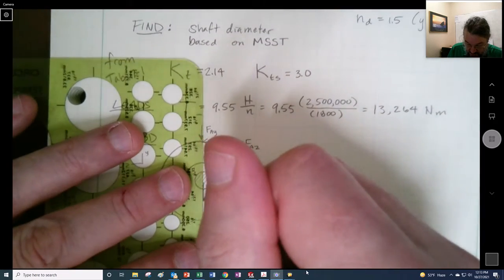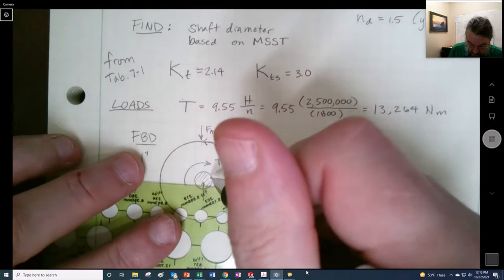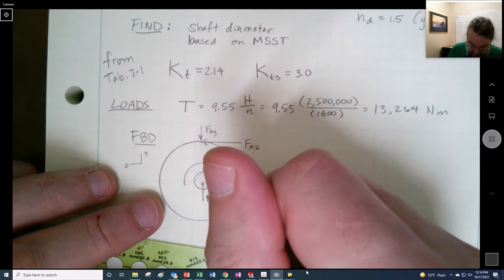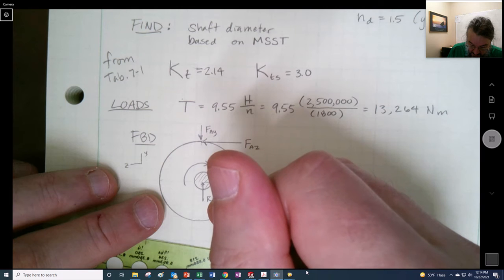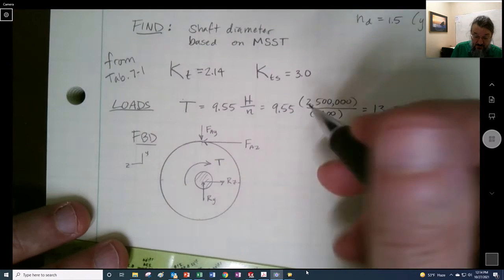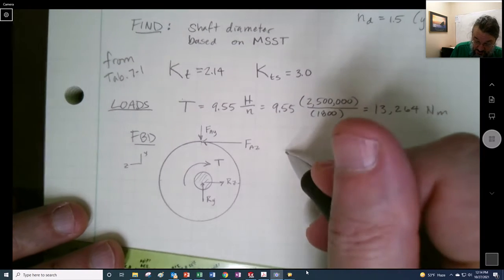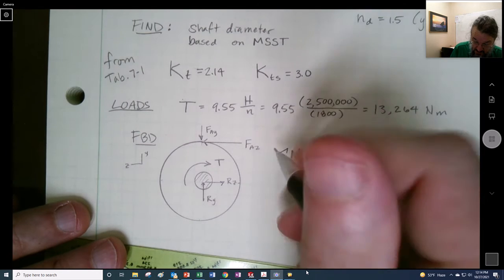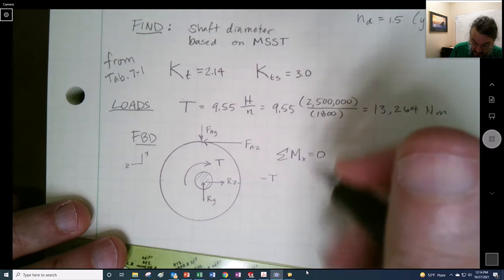To be technically correct in an FBD, we should be putting our reactions in here, but we can't quite find what they are going to be from here. I'm just going to call them RY and RZ to keep them in there. So the sum of the moments about the x-axis is going to be a negative torque.